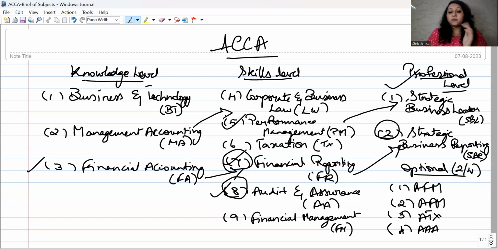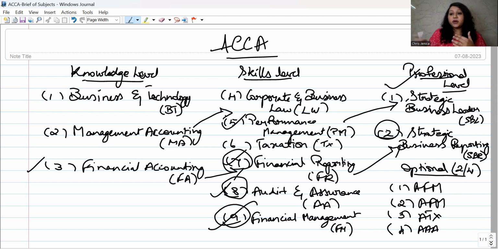You have all the balance papers. After PM, it is also advisable to choose FM, that is your ninth paper, because FM is also based on financial techniques like investment decisions, financing decisions, that is, what are the sources of business finance you can obtain, and then the dividend policy decision.